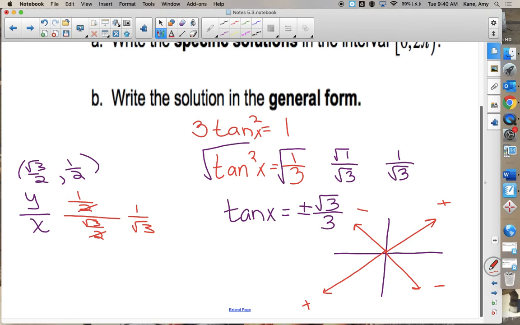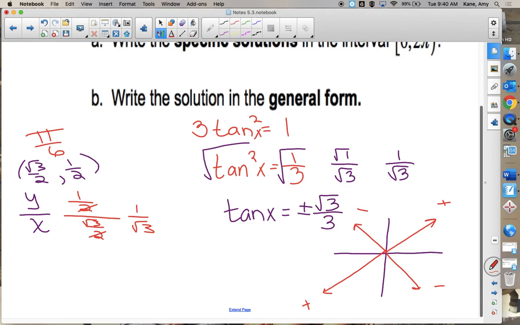So that angle that corresponds with that ordered pair is what? Pi over 6. So that would be our family of angles that corresponds with that ordered pair. So when you have tangent, you're going to have to think which ordered pair would simplify to be the square root of 3 over 3.